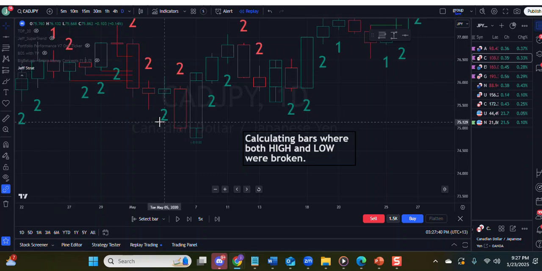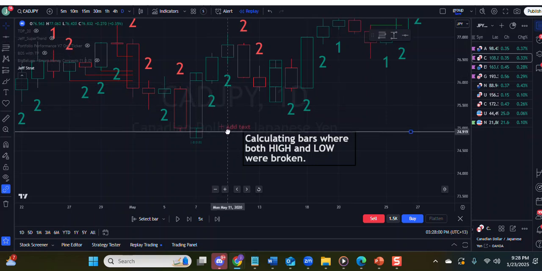For calculating purposes, if the previous bar was red, then we're going to assume that the trade entered here, right here.